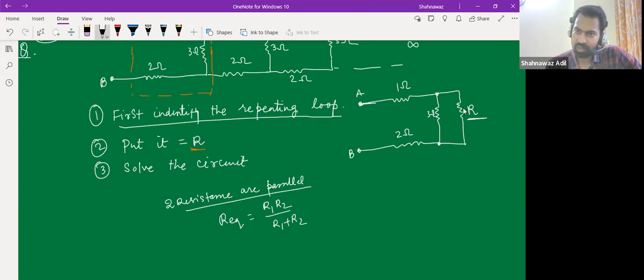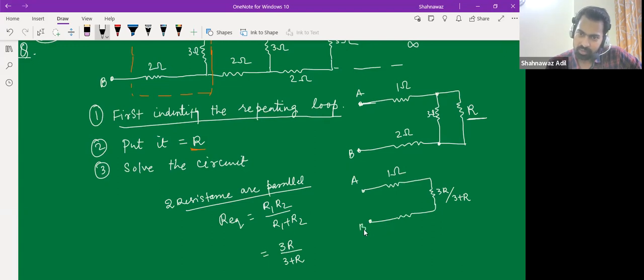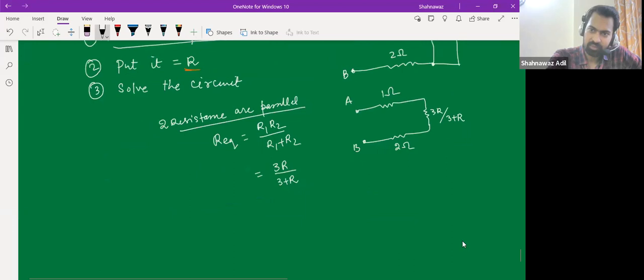So these are parallel, and the equivalent resistance would be 3R divided by 3 plus R, in series with this 1 ohm.